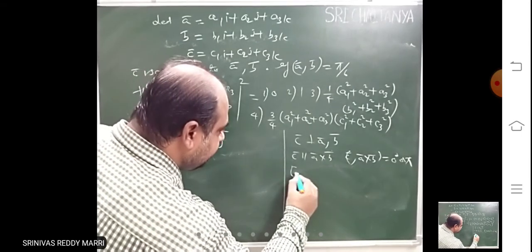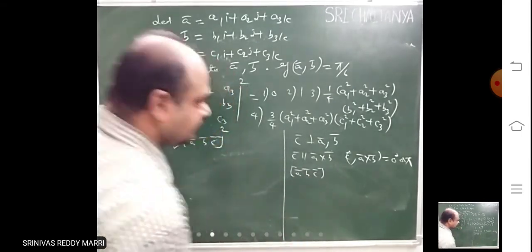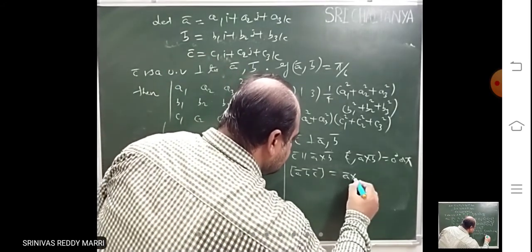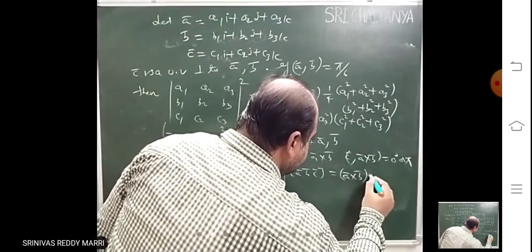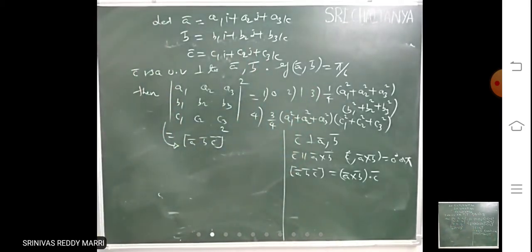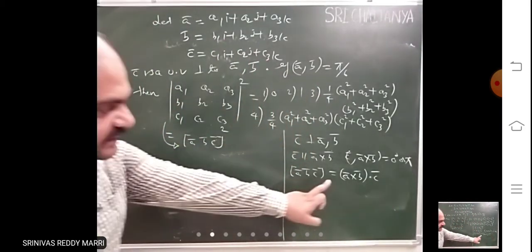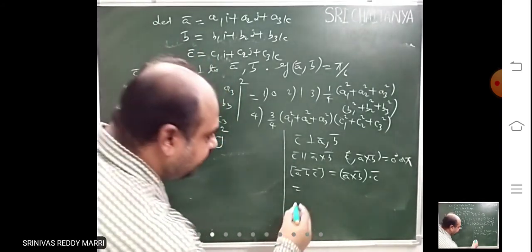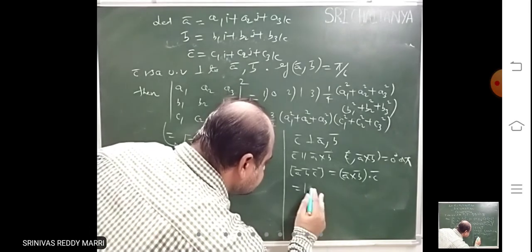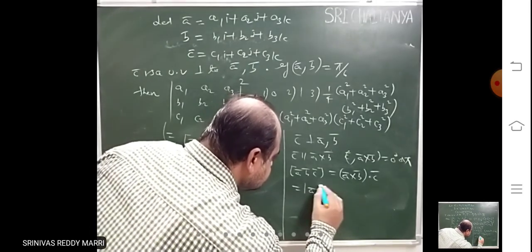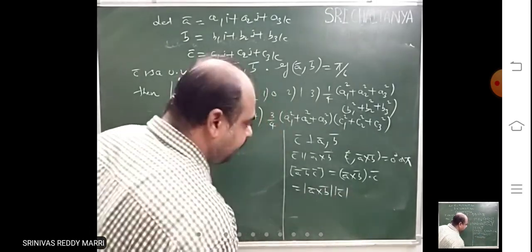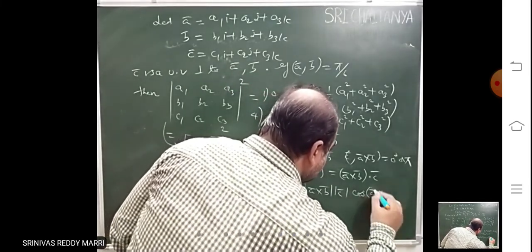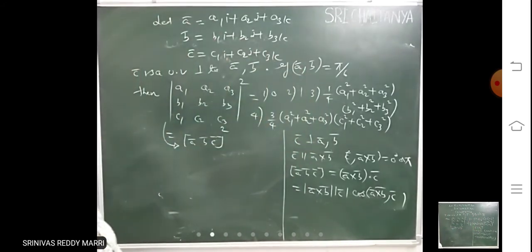Now box ABC is nothing but A bar cross B bar dot C bar, which I am writing as modulus of A bar cross B bar, modulus C bar, into cos of angle between A cross B comma C.